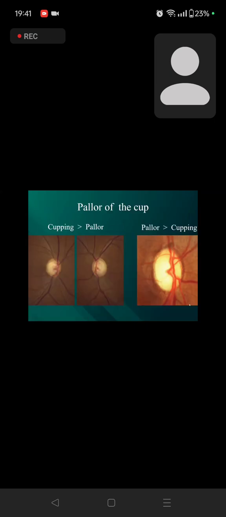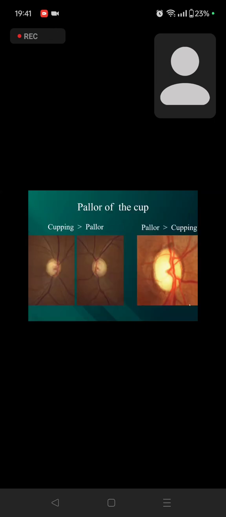So in an average size disc, at-risk disc means the rim disc ratio is 0.1 to 0.19, it is at risk. And glaucoma damage means less than 90 degrees of NRR loss, it indicates glaucoma damage. And more than one half of the NRR damage, it indicates a glaucoma disability.